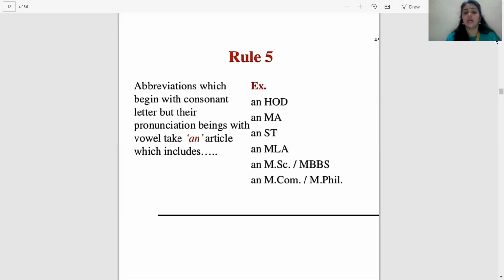As you can see, all of these begin with a consonant, but they produce the sound of a vowel, like H, "ay" sound, M, "eh" sound. Clear? So abbreviations which begin with a consonant letter but have the sound of a vowel will always take "an" as an article.